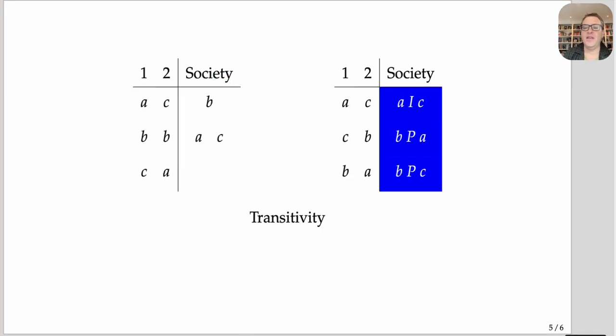What that means is by transitivity, society has to rank B above C. So these two were derived using IIA.